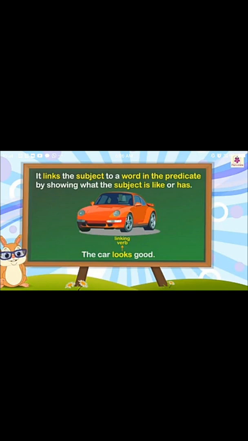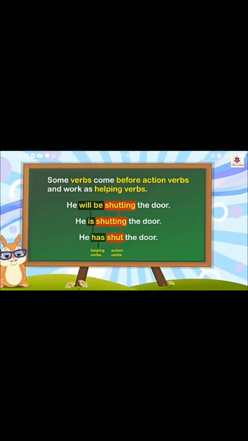Okay, very good. Some verbs come before action verbs and work as helping verbs. Now we are going to read some sentences to understand it properly. First sentence, he will be shutting the door. Second, he is shutting the door. And third, he has shut the door. So in all the sentences we have a similar action verb.